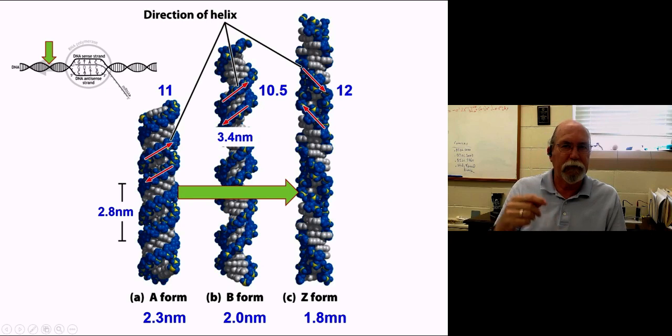And during replication, there are specialized enzymes that come along and actually nick the DNA so that that supercoiling disappears. But in transcription, the period when we're actually reading off the code, making message, on each end of that area, you're starting to get this sort of condensing going on. And it's thought that the DNA will often torque into this form, the Z form.